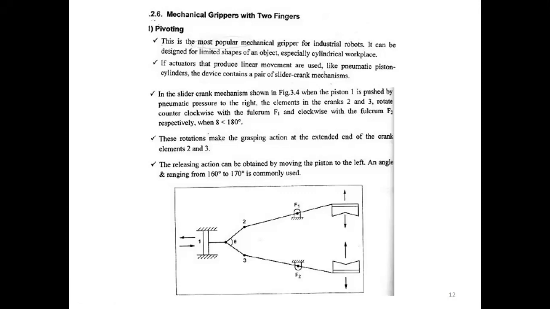It can be designed for limited shapes of objects, especially a cylindrical workspace. So this mechanical gripper with two fingers can be given as a pivot.